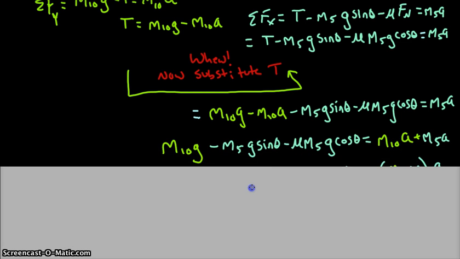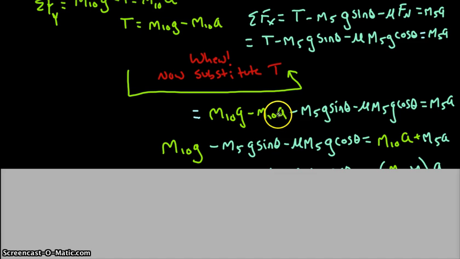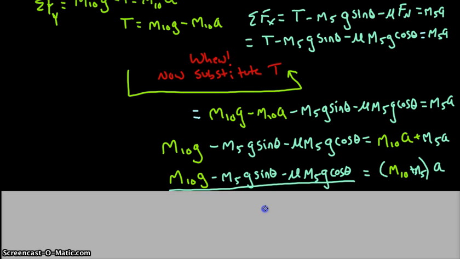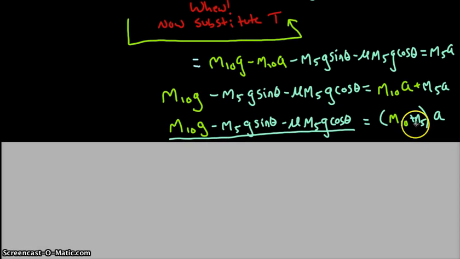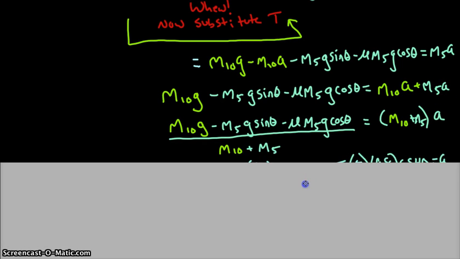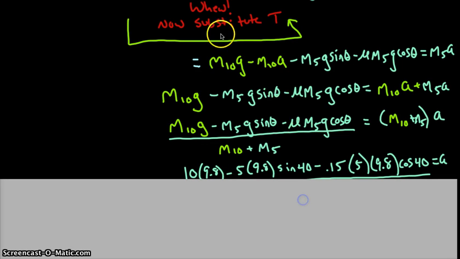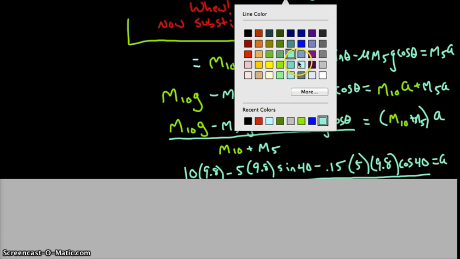What I'm going to do is move this m10 times a over to the other side. You'll see why. And then once I've done that, I can pull out the acceleration, since this acceleration and this acceleration are the same. So we pull the a out, and we can re-express this and divide. Let me show you the division part here.